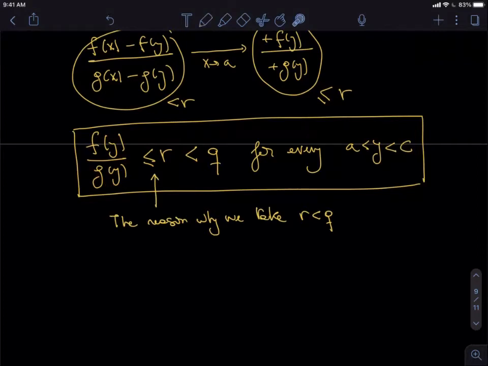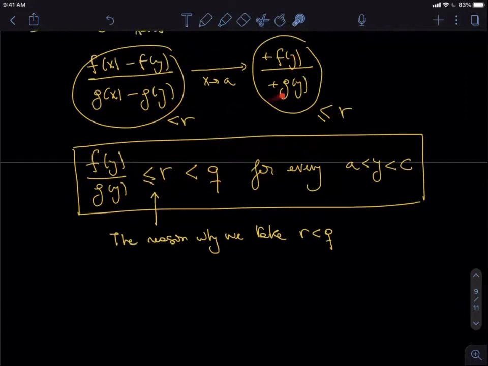So if you want to get a strict inequality here, then you need to put this r as a buffer. Because when you take the limit in this step, you will get a less or equal. So if we didn't take r, here we would have found less or equal than q, but we wanted strict. So that's the reason why we took a little buffer.